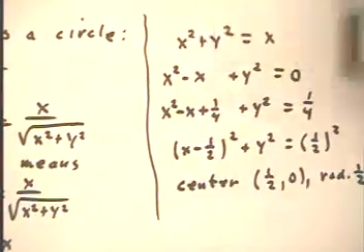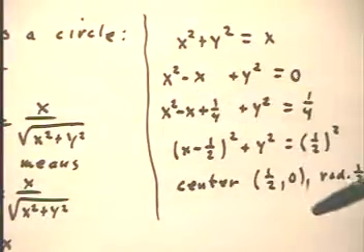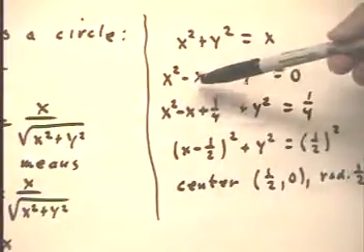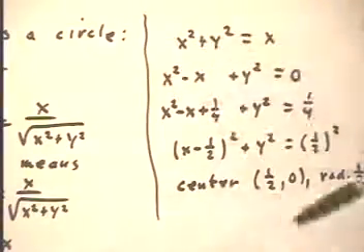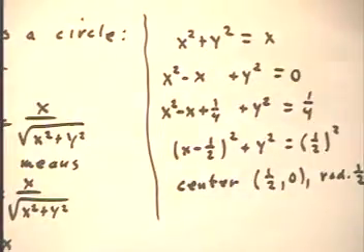But for the x squared minus x, we have to add a 1/4. The x squared has a coefficient of 1. Minus x has a coefficient of negative 1. Taking half that, we get 1/2. Squaring that, we get 1/4. So that's what we're going to have to add here to get a perfect square. And of course, we add it to the other side of the equation also.